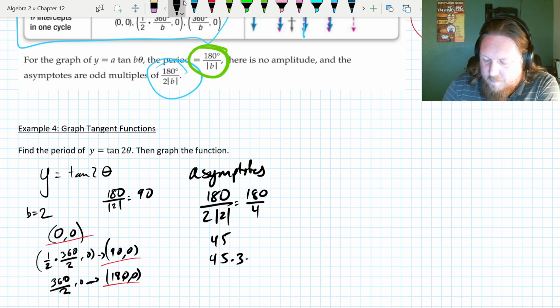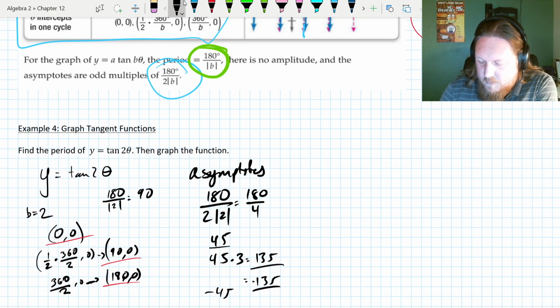And I've got myself 135, right? Yeah. And then I'm going to go back in the other direction and multiply it by -3, and I'm going to get negative 135, right? And by -1 would be negative 45. Okay, so now I've got my asymptotes here.